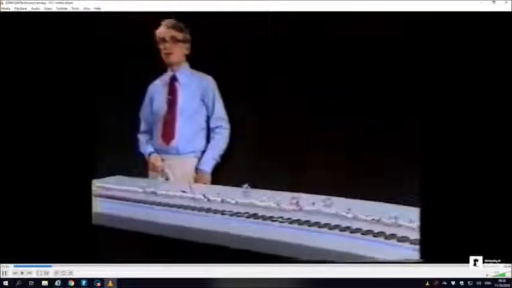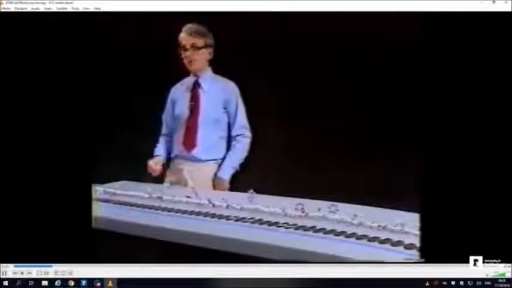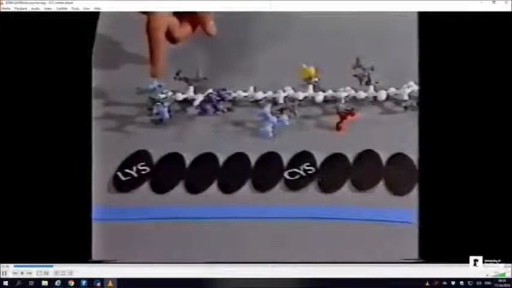We knew that the molecule consists of a single polypeptide chain with 129 amino acid residues. Let's look at it again, starting this time at the amino end.